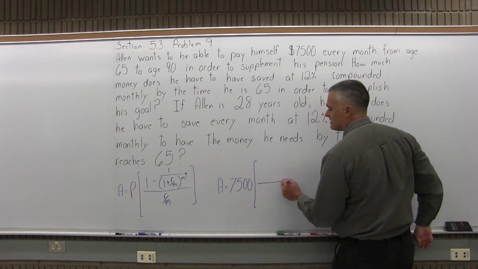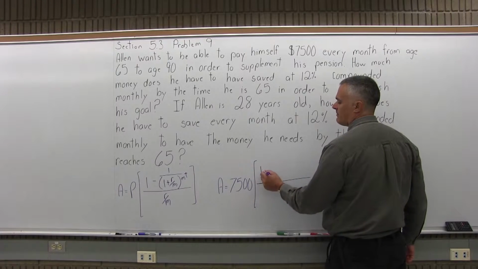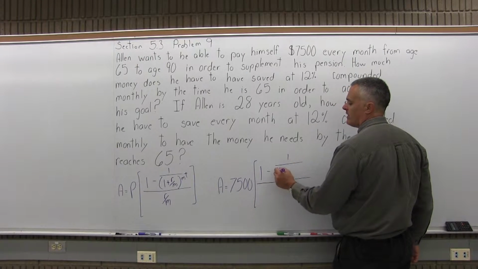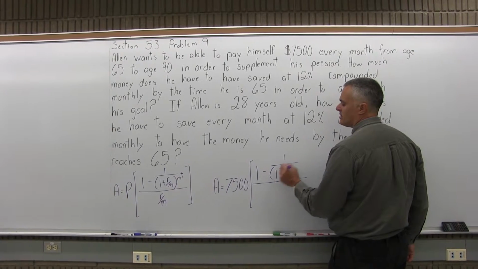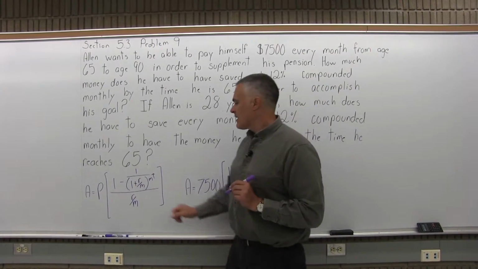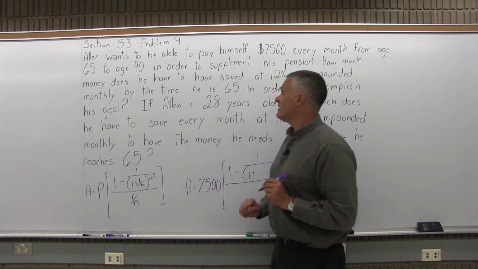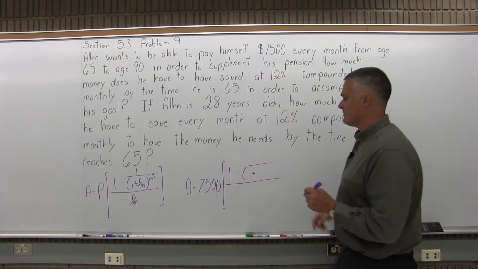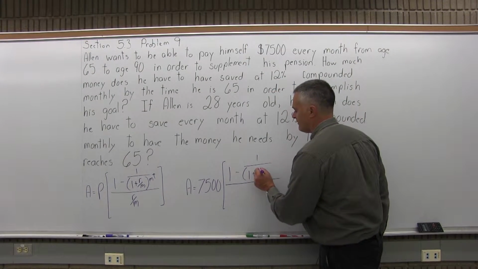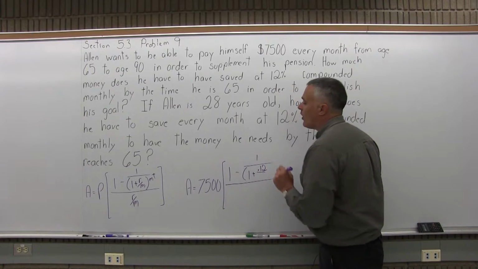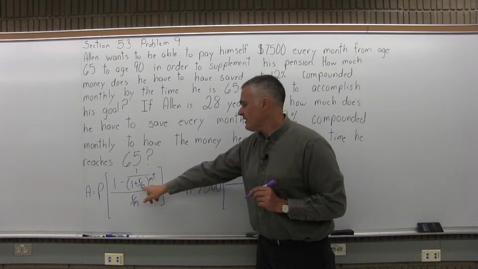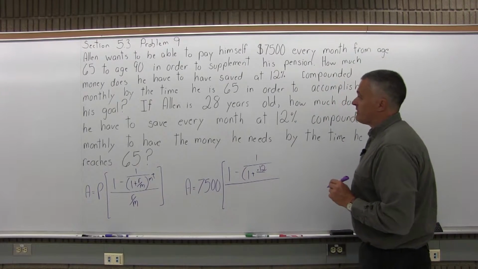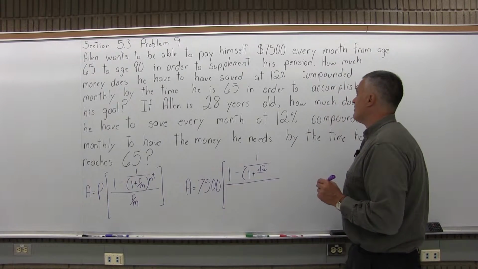Times, in the numerator of the brackets, 1 minus 1 over, in parentheses, 1 plus R over M. R is the rate as a decimal. The rate for this problem is 12%, and as a decimal it would be written 0.12 over M. M is the number of times compounded per year and the number of payments made.